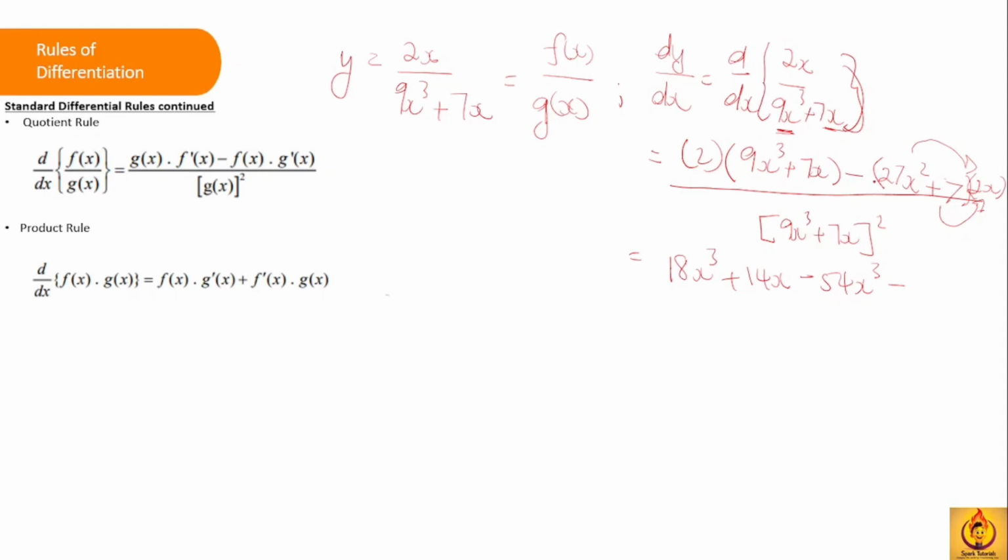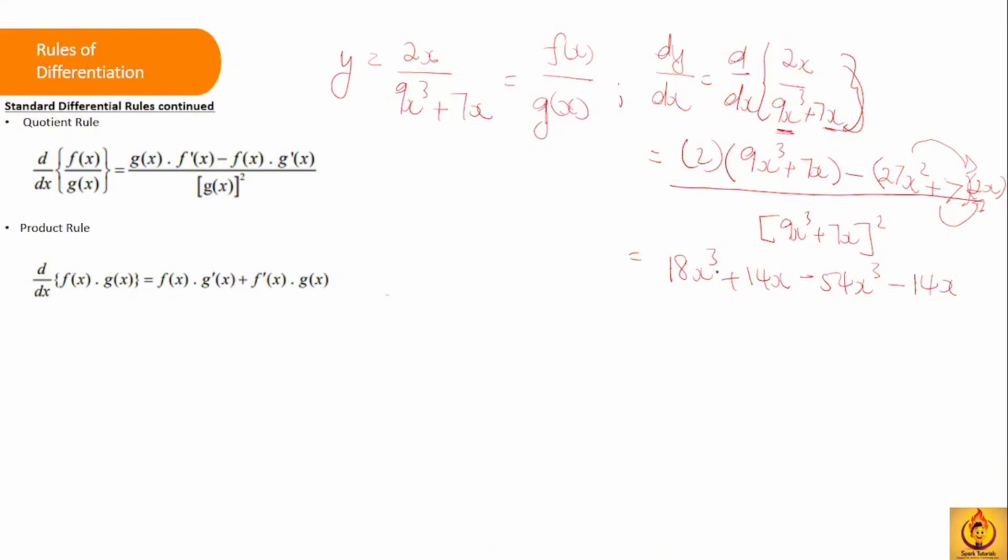Your 27 is positive, your 2x is positive. Positive multiplied by positive is a positive. Positive multiplied by a negative is a negative. So 27x squared multiplied by 2x is 54x cubed, which is positive, and then you multiply it by the minus, which will then be a negative, right? And then coming to the 7, it's going to be minus 14x.